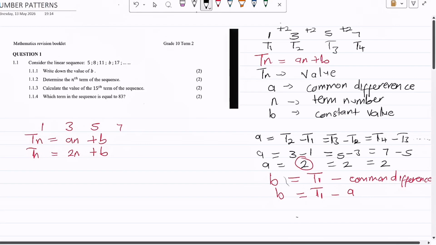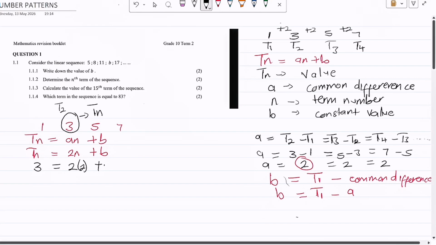Our 3 is going to be substituted where there is Tn, and because we know this is T2, we are going to substitute a 2 for n here. So 3 is equal to 2 times 2, the position of 3 being 2 as well, plus b. You have 2 multiplied by 2, which is 4. You take 4 to the other side. 3 minus 4 is equal to b.